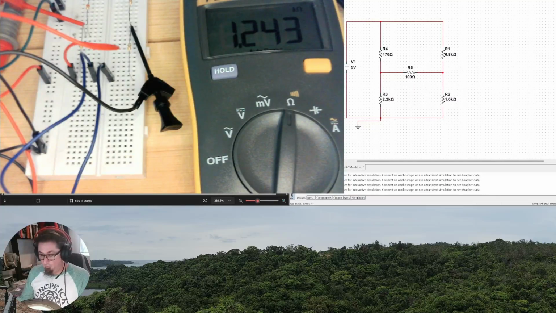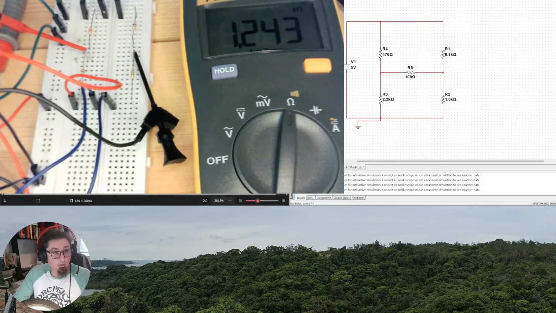Now if we look in here, I've got this would be R1, R2, R3, R4 right here in these resistors right here. Move this down a little bit so you can see a little better.